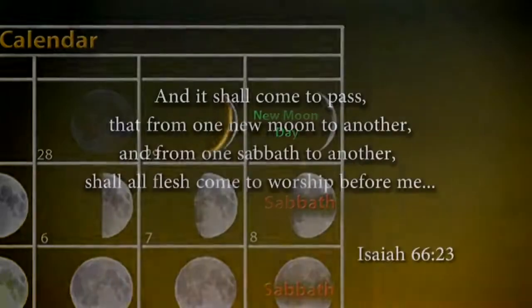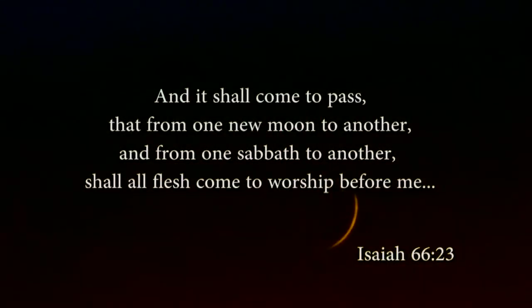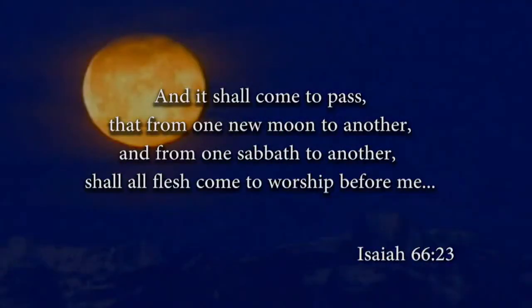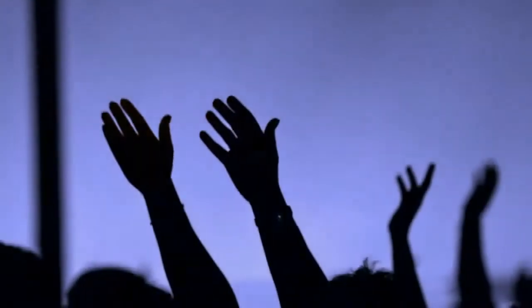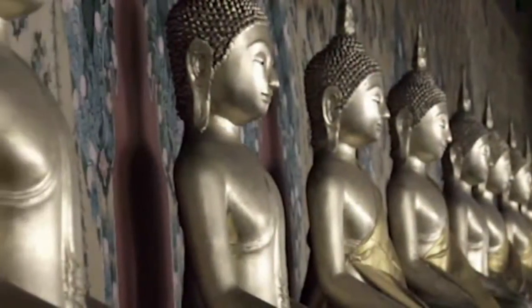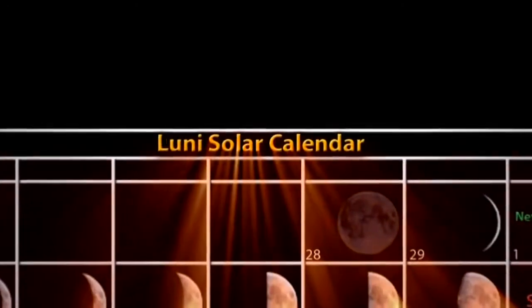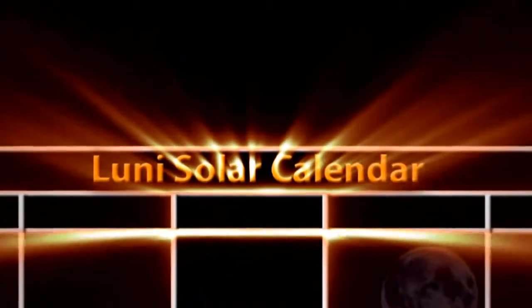And it shall come to pass that from one new moon to another, and from one Sabbath to another, shall all flesh come to worship before me. Whom do you worship? To whom do you give your allegiance? The calendar you use to measure time for worship reveals the deity you worship.